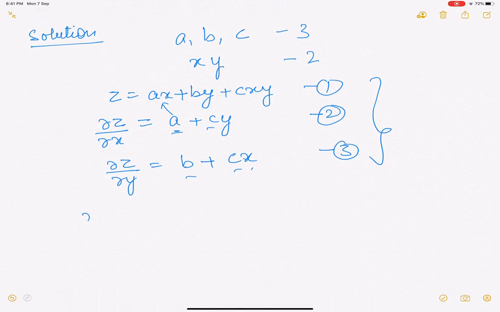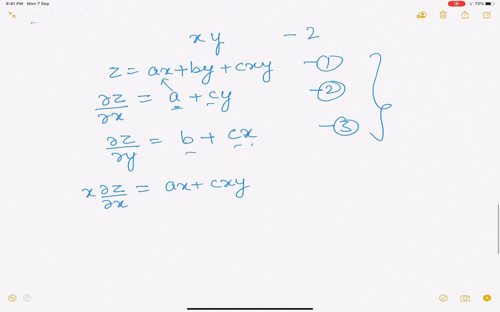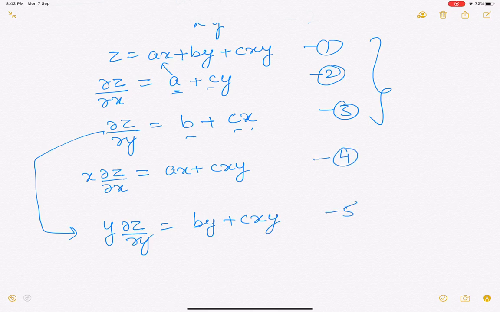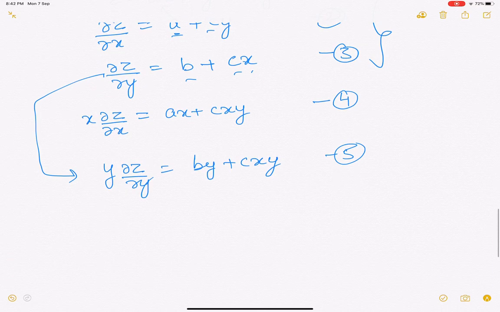So let us write: what is the value of a del z over del x? This is equal to ax plus cxy. Similarly, what is the value of y del z over del y? It is by plus cxy. So let us add 4 and 5.